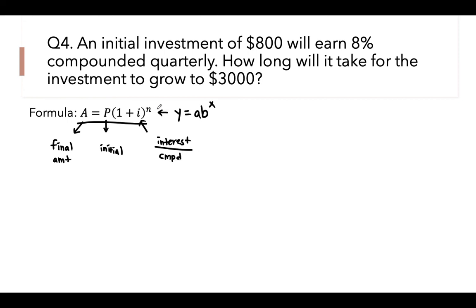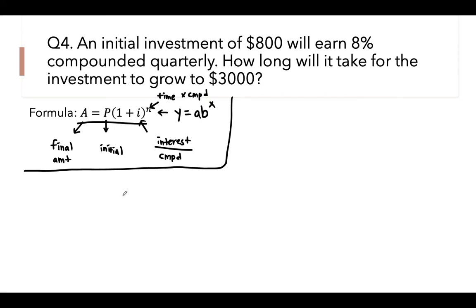And then n is the number of times, so the given time times the compounding period. Okay, so this is something that you have to remember for any type of investment with interest question.